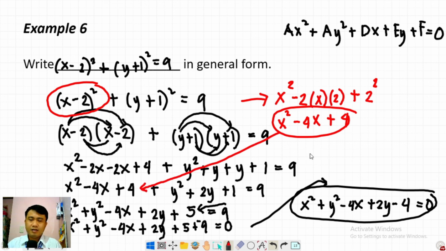Diba? So, kung marunong kayo sa special products, mas mabilis kaysa dadaan pa tayo sa foil method. Okay? So, that's it. That's how we write the equation of a circle in a standard form to general form.